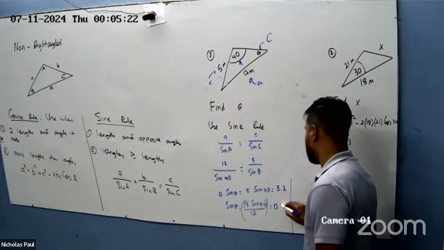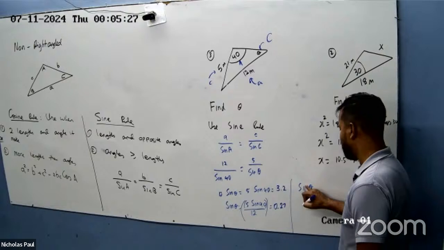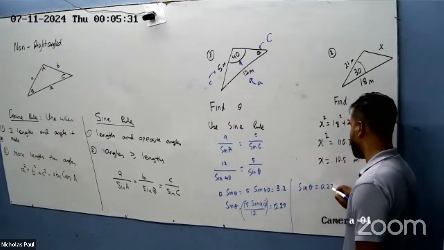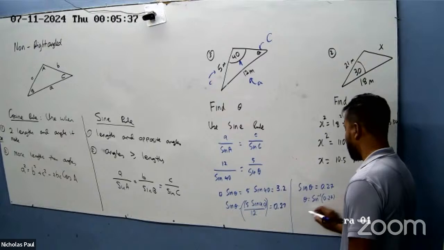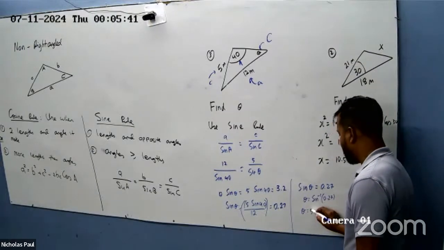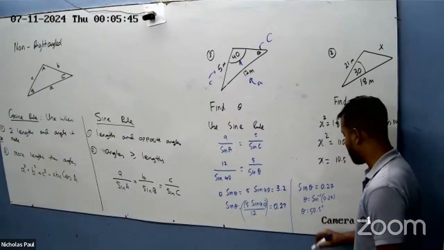Yeah. So now we have sine theta is 0.27. Theta is equal to sine inverse of 0.27, and you'll get your angle, which is about 15.5 degrees.